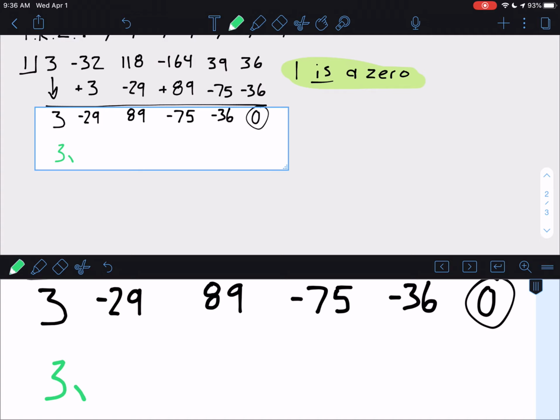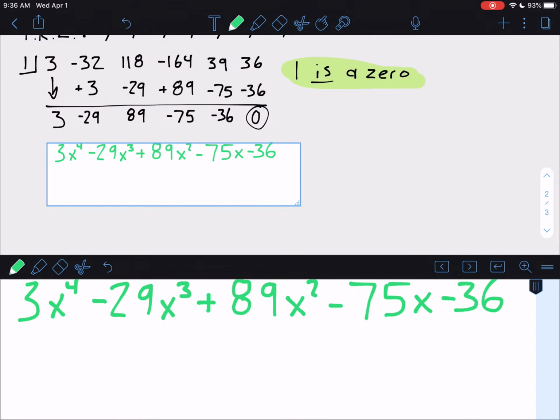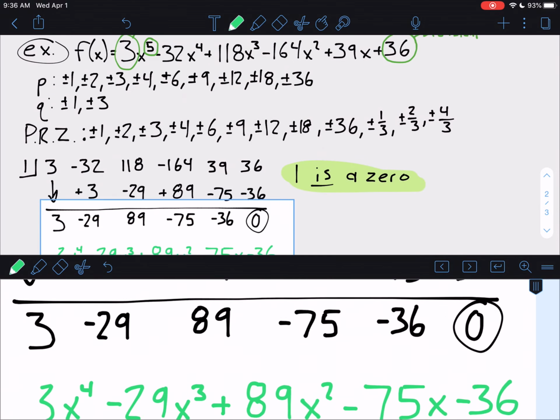Since I found 1 zero, and I'm still looking for 4 more because it was fifth degree, I have 3x to the fourth minus 29x to the third plus 89x squared minus 75x minus 36. This is my new polynomial, and these coefficients are the ones I'm going to use in synthetic division for my next part.